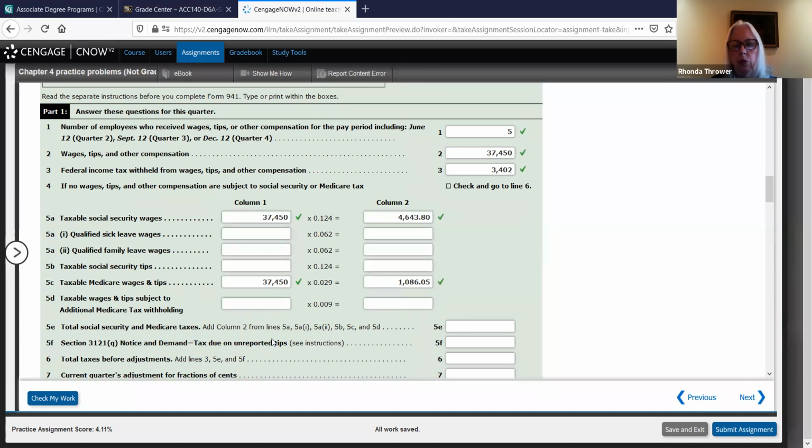It says to add column 2 from lines 5A through 5D, so these two are combined together to get the amount that goes here. $4,643.80 plus $1,086.05 equals $5,729.85.